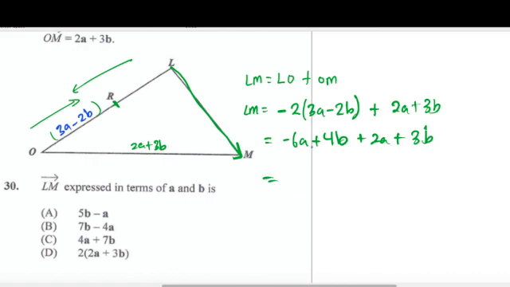So what do we have? -6 plus 2 is -4A, and then 4 and 3 is plus 7B. So that'll give us 7B minus 4A. It's always good manners, and we can see that that is B.